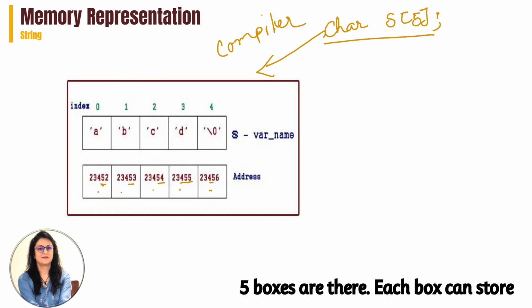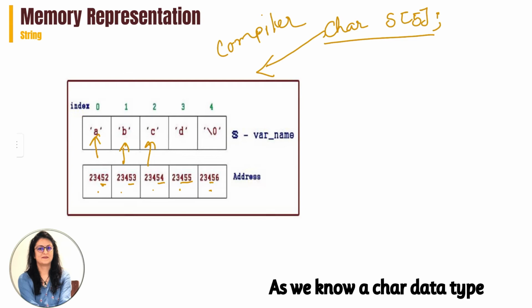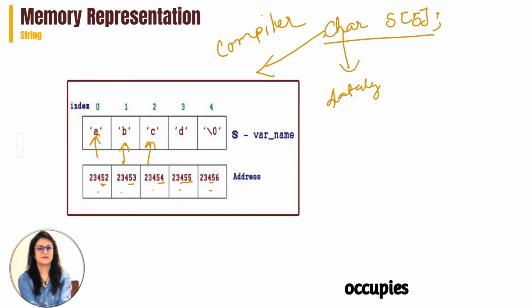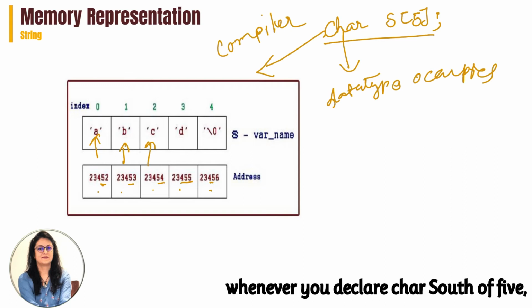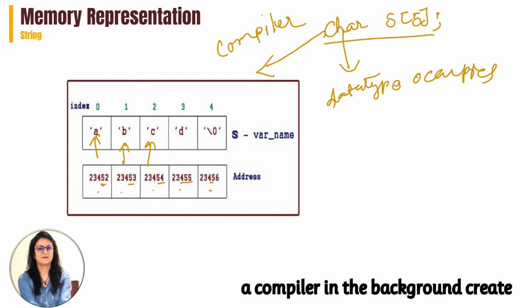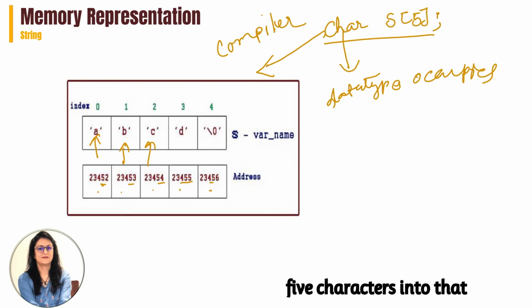Each box can store one character. As we know, a char data type occupies 1 byte in memory. So here it occupies 5 bytes in memory. Whenever you declare char s of 5, the compiler in the background creates 5 boxes so that you can store 5 characters in them.